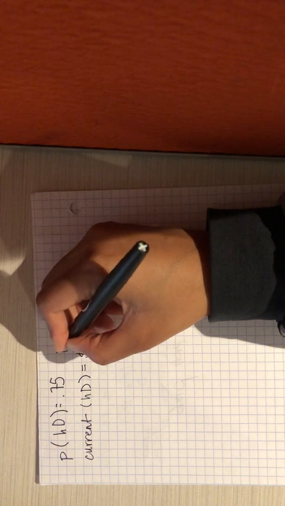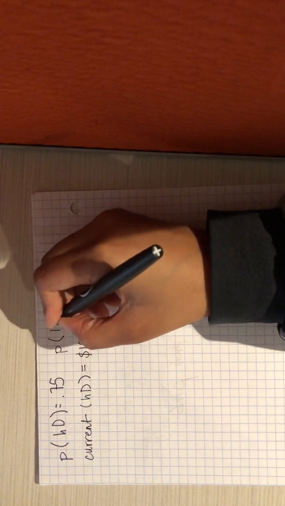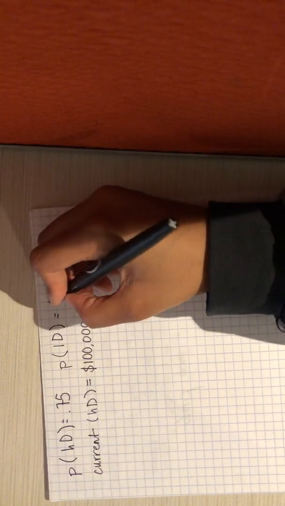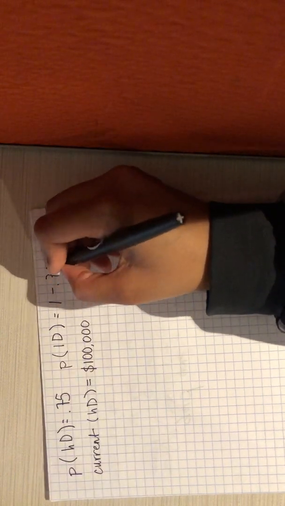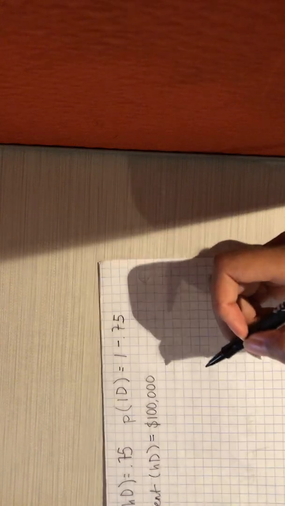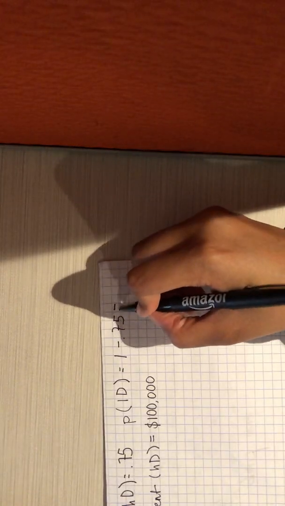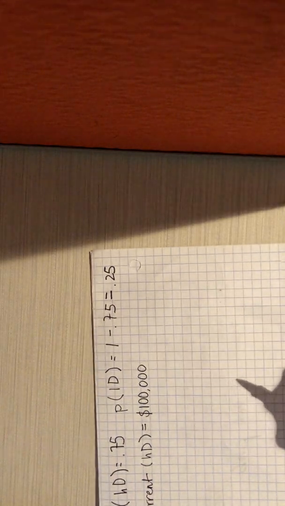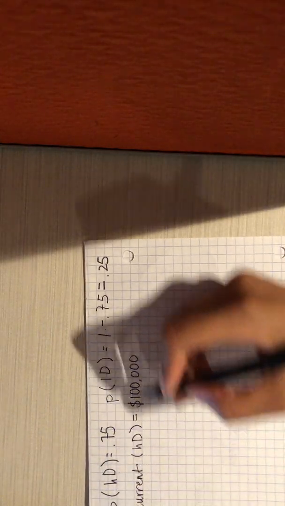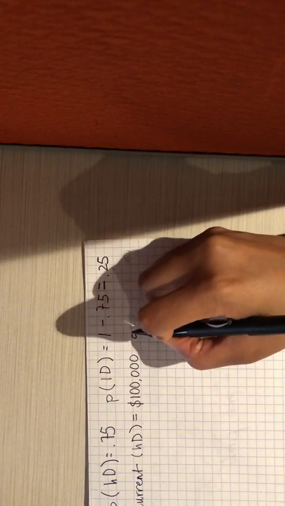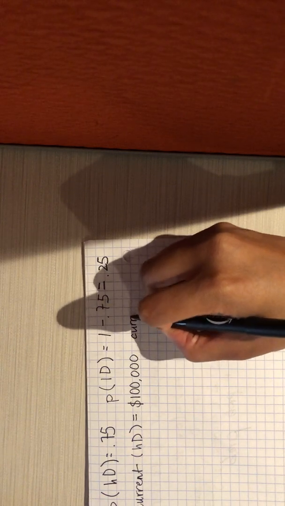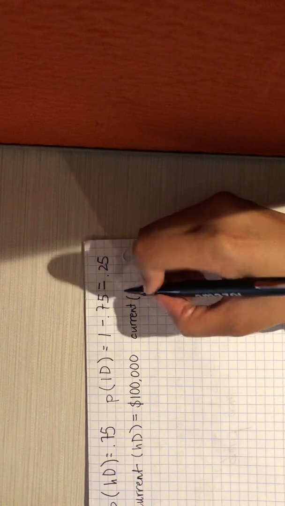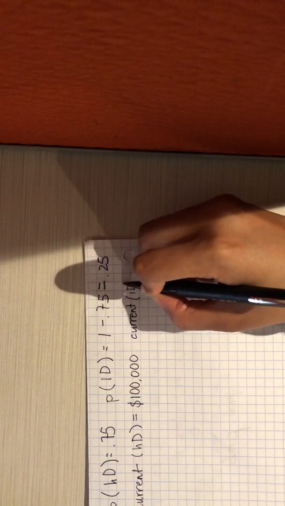So here we're going to write the probability of low demand equals 1 minus 0.75, and that would give us 0.25. And we stated before that the current facility would yield $50,000 if there is low demand.